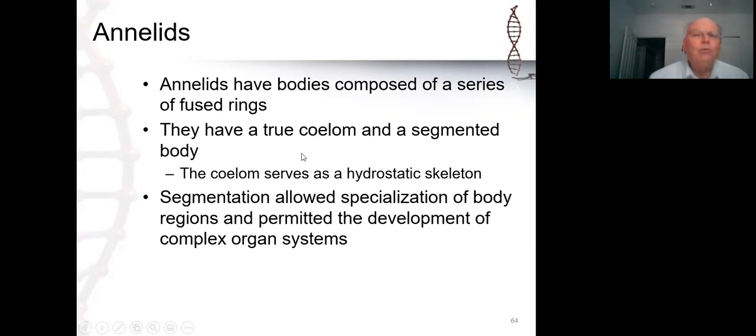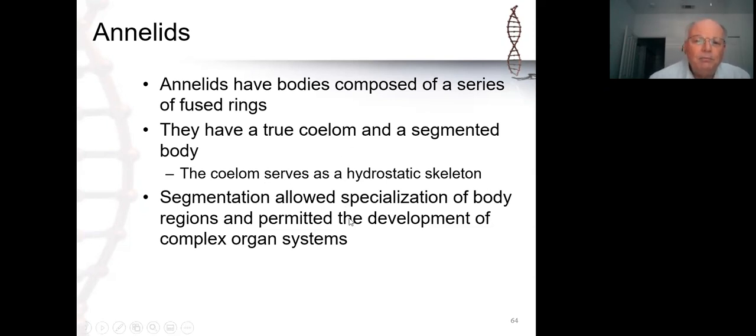So here we have a worm that is best described as a segmented worm. That is typically the common name that's given to them. They have a true body cavity, so no hemocoel or pseudocoelom. They have a true coelom.